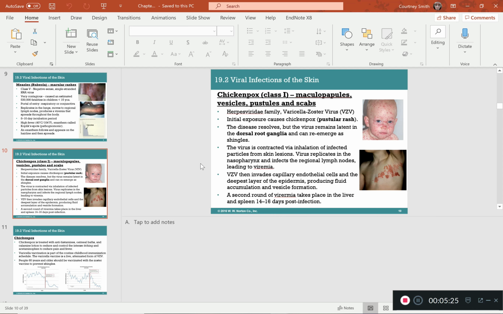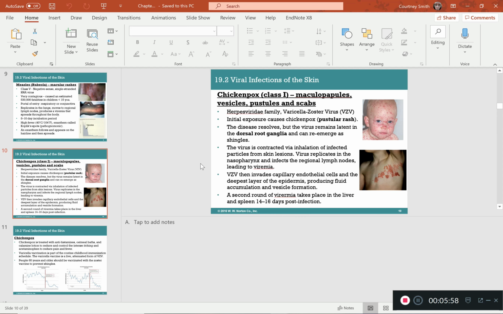With shingles, you can also get the vesicular rash. After the initial exposure, the virus retreats and remains dormant inside your ganglion, and it can reemerge as shingles. But in order to get shingles, you have to have chickenpox first. Some people will never get shingles after they get chickenpox.